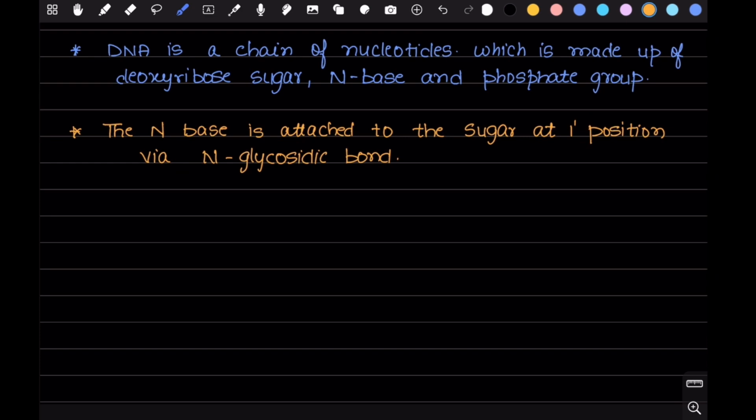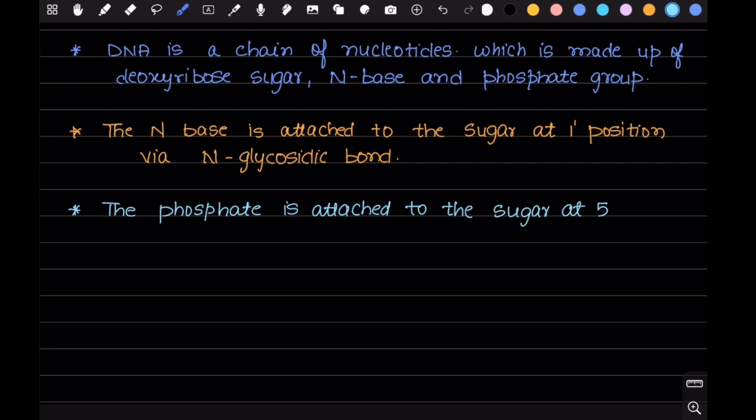And the third point here is the phosphate is attached to the sugar at the fifth position.